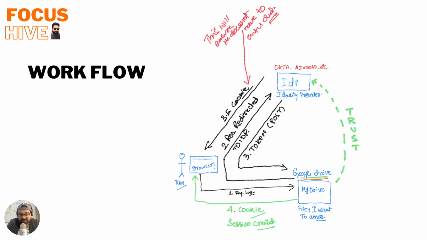And once the authentication is completed, I have drawn this green line, very important for us to understand. Once the authentication is established, now if you see 3, the token is posted to the service provider, and just before step 4, while Google Drive is authenticating the user based on the token that has been given, the IDP is also sending a cookie back to my browser saying that, hey, I sent your data to the service provider, and it will create a cookie on my browser and establish a session.